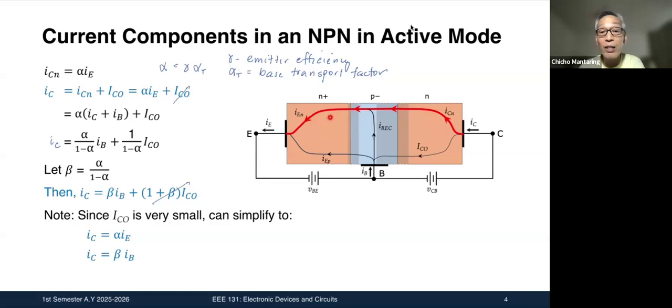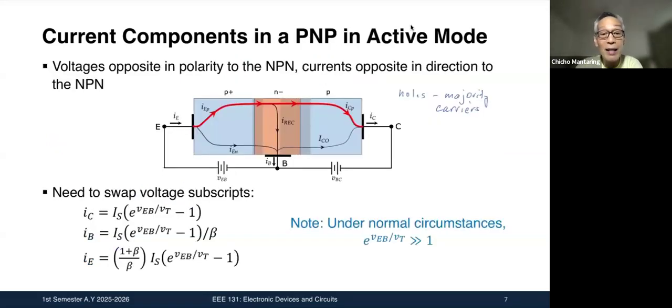So that goes from left to right. But if you take a look at the current, it will be from right to left because these are electrons. So that confusion does not happen in a PNP. Whatever the direction of flow of majority carriers, that also is the direction of flow of your current.